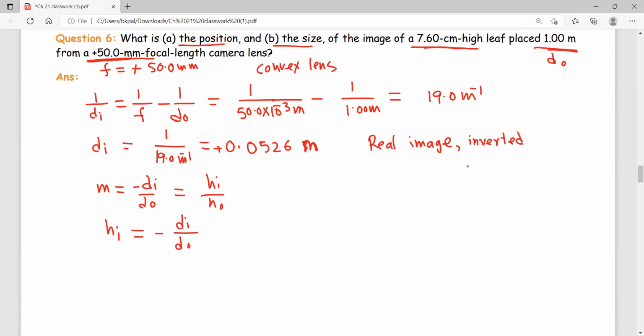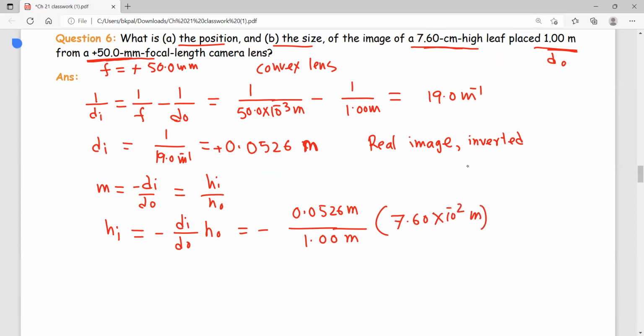Here di is 0.0526 meter, do is 1 meter, and ho is 7.60 centimeter.